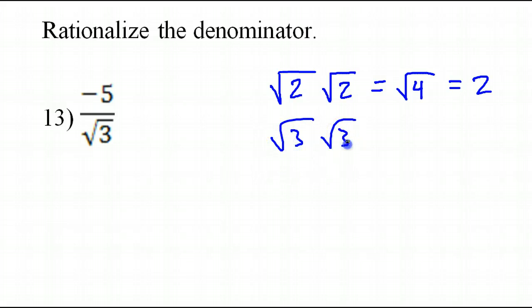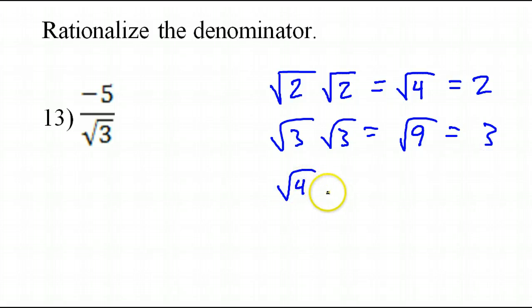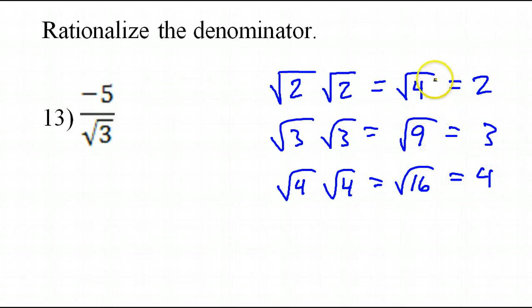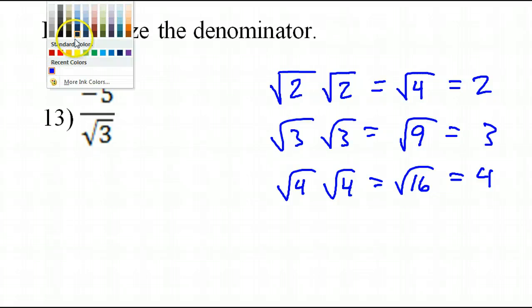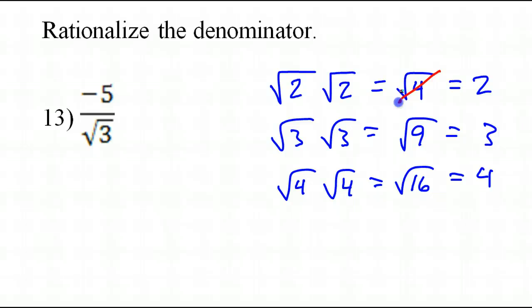Radical 3 times radical 3, that's the square root of 9, which is 3. Radical 4 times radical 4, that would be radical 16, which is 4. So hopefully you can see the pattern and get comfortable enough to skip the middle step. Radical 2 times radical 2 is 2. Radical 3 times radical 3 is 3. Radical 4 times radical 4 is 4.